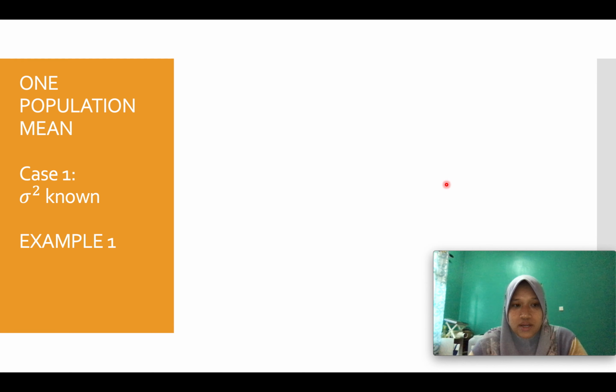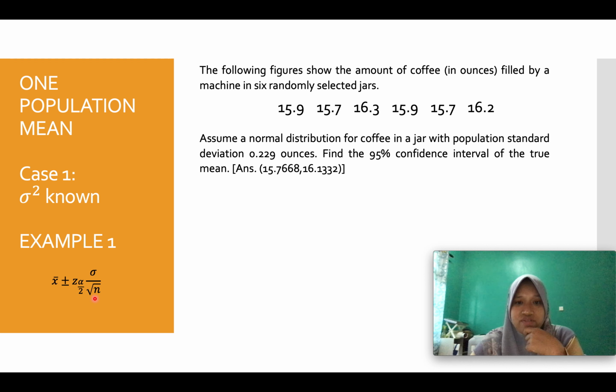Okay, example for case number 1. Case number 1, population variance known. The formula is x bar plus minus z alpha over 2 sigma over square root n. The following figures show the amount of coffee in ounces filled by a machine in 6 randomly selected jars. So you are given the raw data. Assume a normal distribution for coffee in a jar with population standard deviation 0.2 ounce.